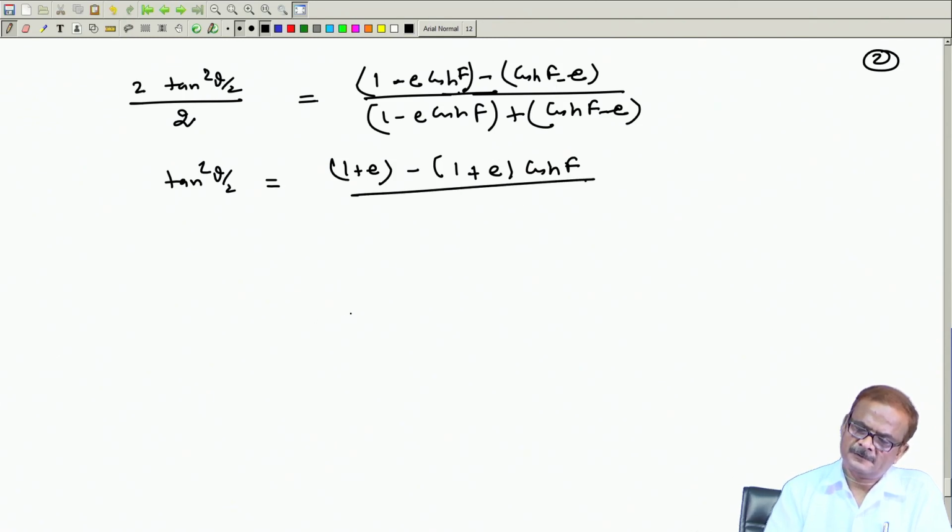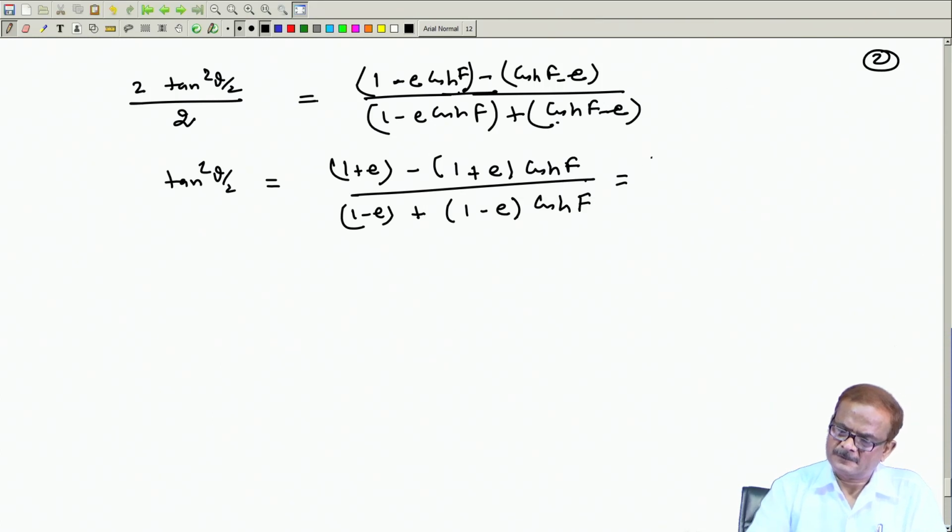You can check, and thereafter this becomes 1 minus e, and here in this place plus 1 minus e cos hyperbolic f, 1 plus e can be taken outside, and here 1 minus e can be taken outside.